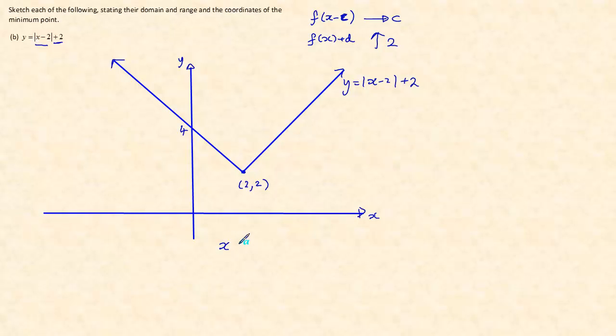And there's no problem with any input. So the domain is all reals. The range is going to be all reals that are greater than or equal to 2. So 2 is the minimum. And we can see that the minimum is at 2, 2.